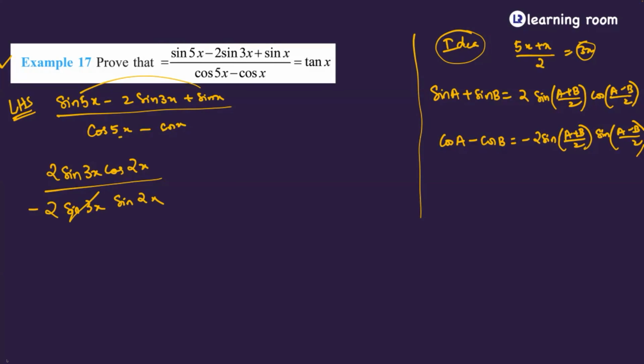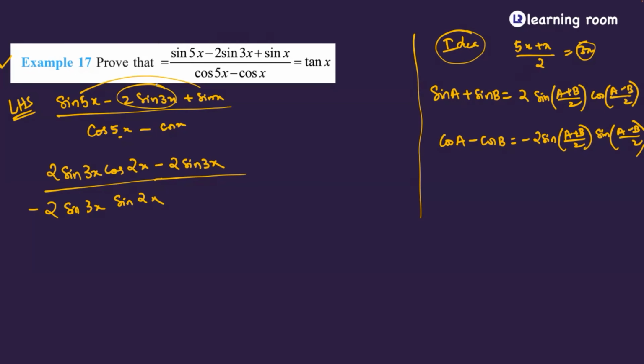One minute, correction. Observe. What I have here is minus 2 sine 3x, the middle term. So I have minus 2 sine 3x. I hope it is clear.